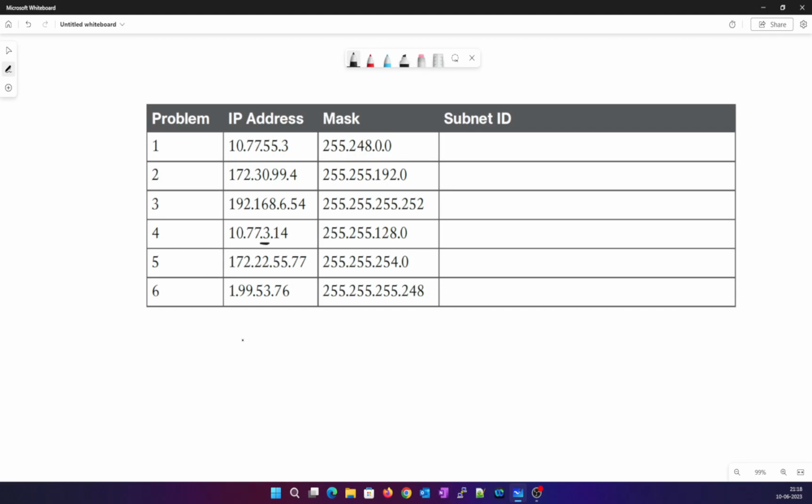The first step is to copy octets which have 255 as their address mask, right? Second, what you need to do is use the magic number 256 minus the difficult mask.